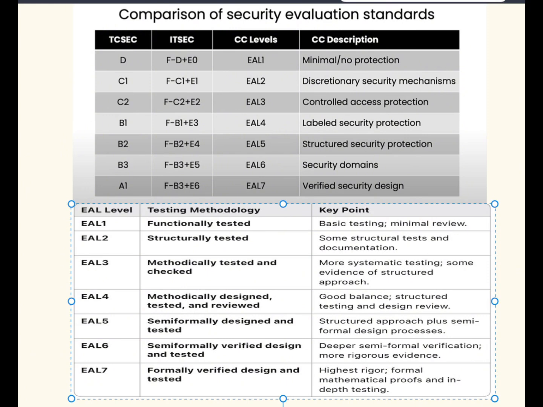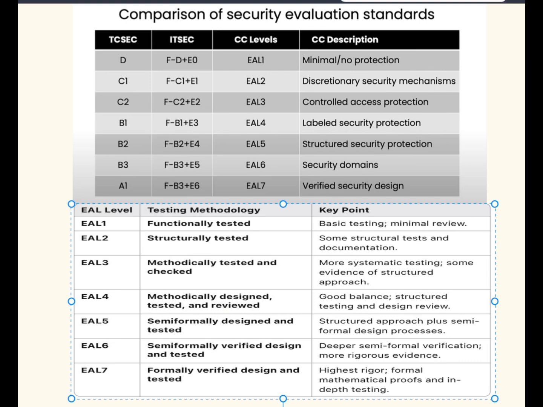So now if we talk about EAL level, what does it mean? EAL1 means minimal protection, low risk apps, no real security requirements. EAL2, basic security function, small apps that need some control, not critical. EAL3, controlled access protection, business systems handle sensitive data.